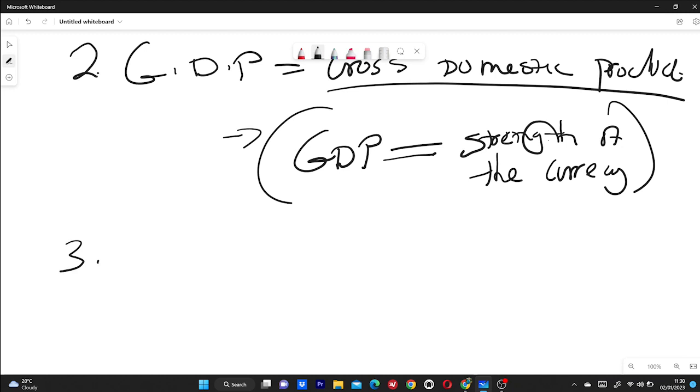The other thing we're going to talk about is the CPI, which people know as inflation. Inflation is something that affects the market and the currency with very high force. CPI stands for consumer price index.